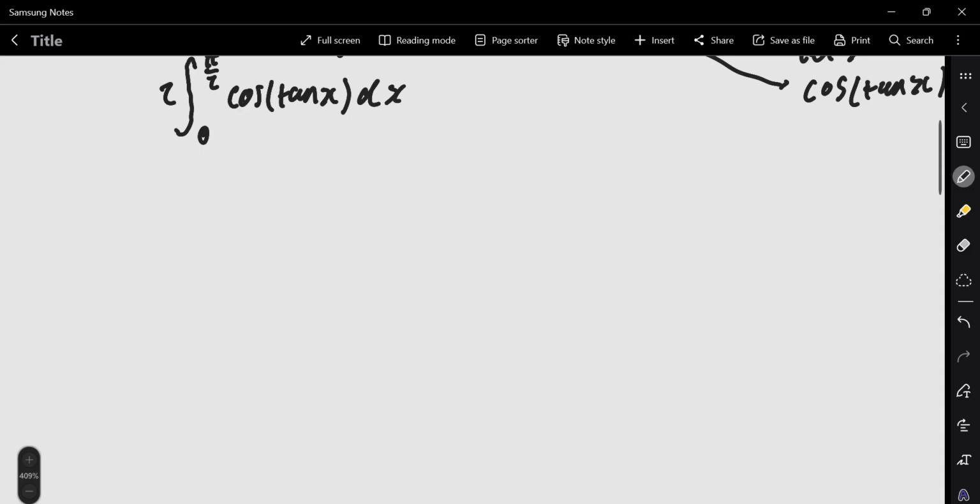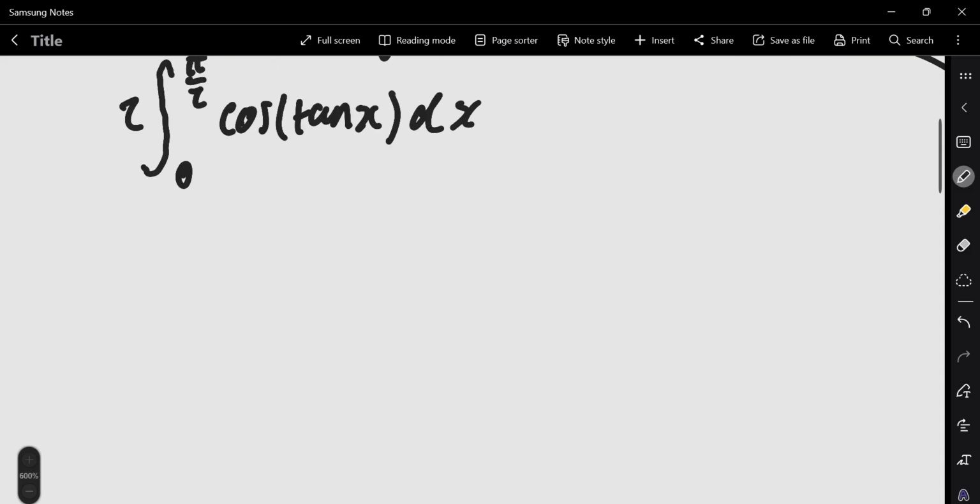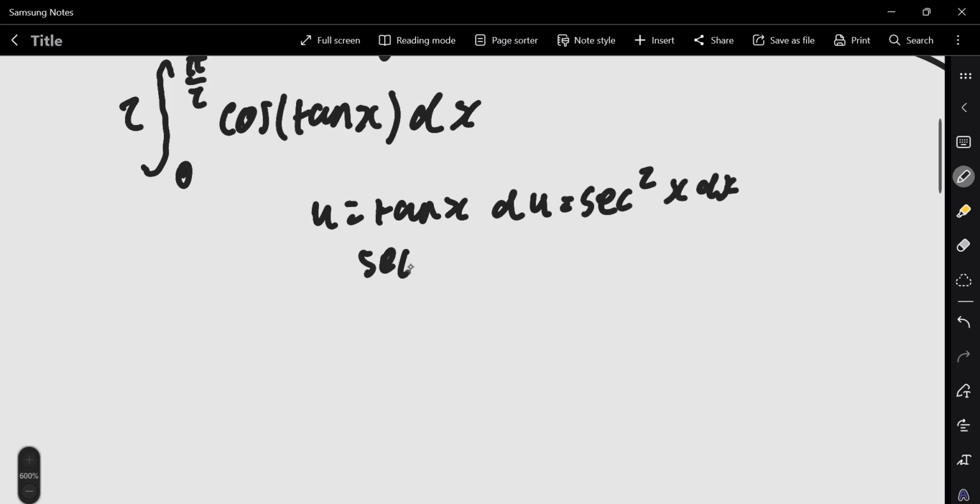But from here, this is simple. We can say u equals tan x, du equals sec squared x dx. So sec squared x is 1 plus tan squared x. Hang on, I've got very ahead of myself, because in my notes I wrote alpha, 1 plus tan squared of alpha.